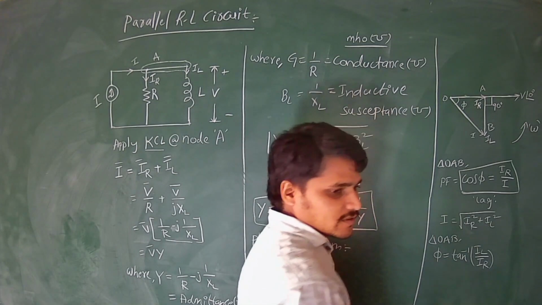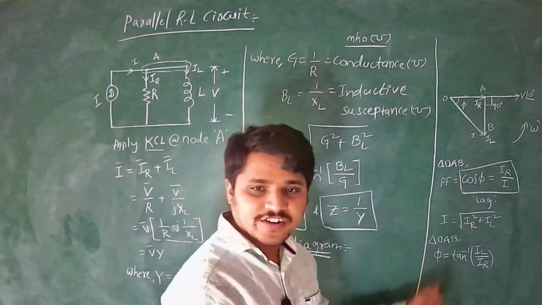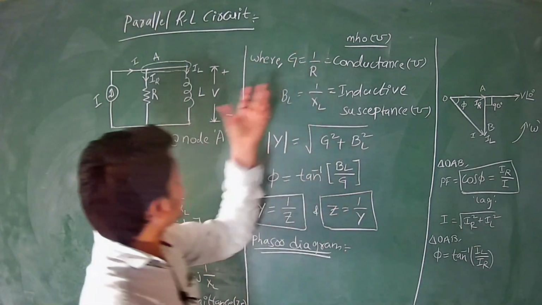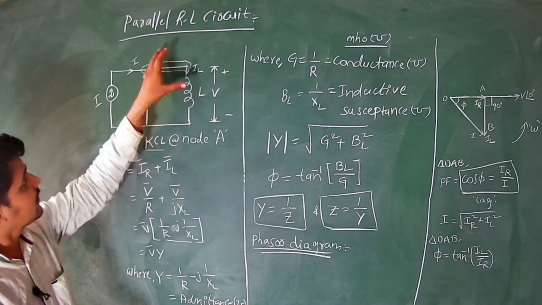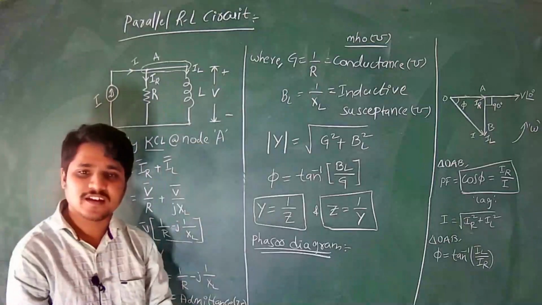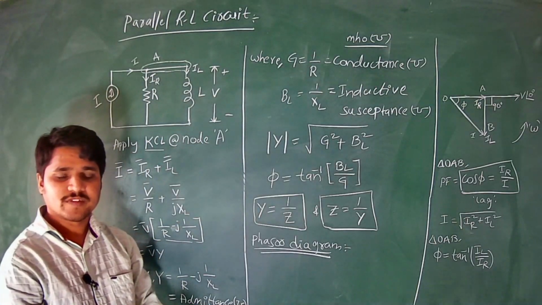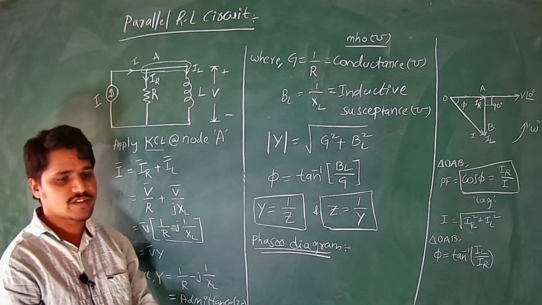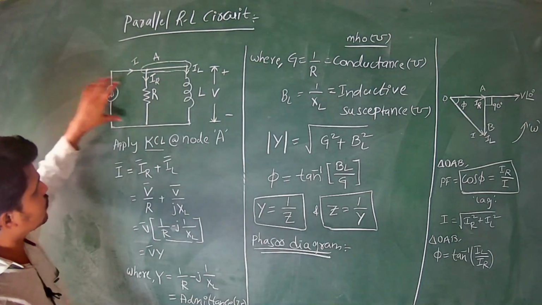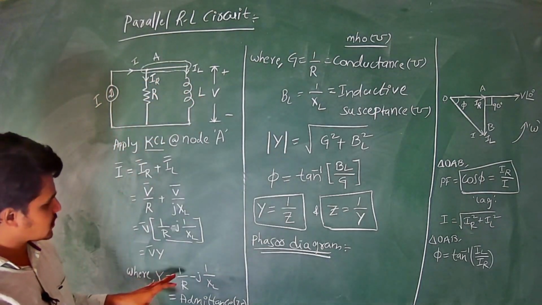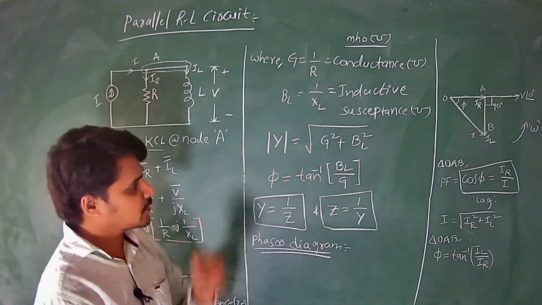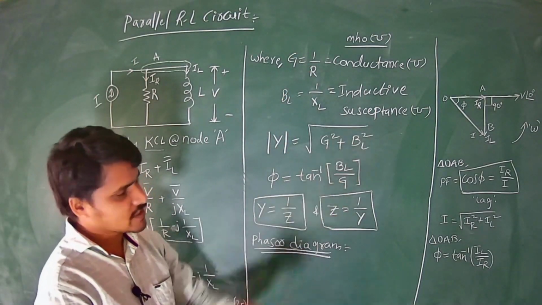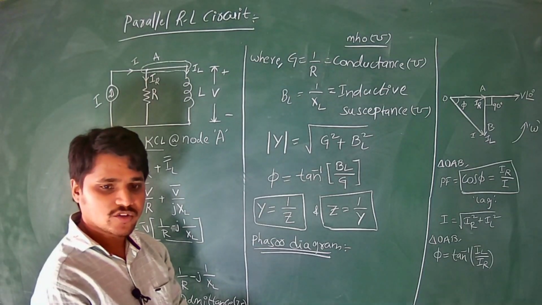So this is the steady state analysis of the parallel RL circuit. So whenever you are asked to analyze the parallel RL circuit subjected to sinusoidal alternating quantities, that means an AC source, you have to explain what is the impedance, define conductance and susceptance, and draw the phasor diagram. Okay, thank you for listening to the class.